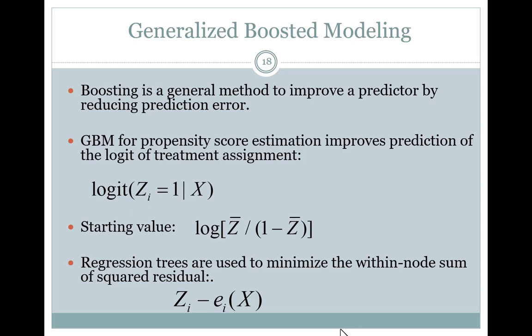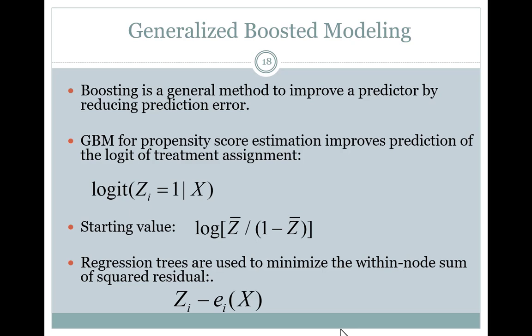Typically for propensity score models, you try to improve prediction of the logit of treatment assignment. So you start with a baseline prediction, which uses the proportion treated to calculate the logit, and then use regression trees to minimize the within-node sum of squared residuals.